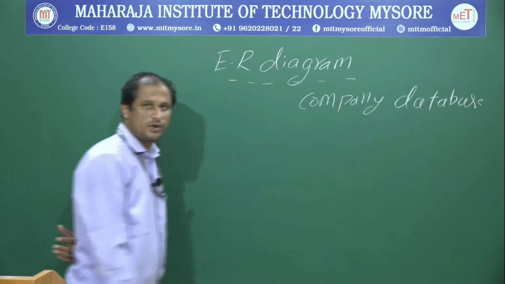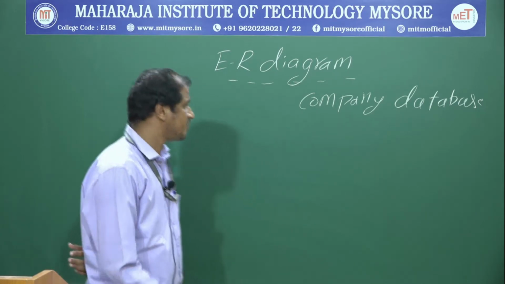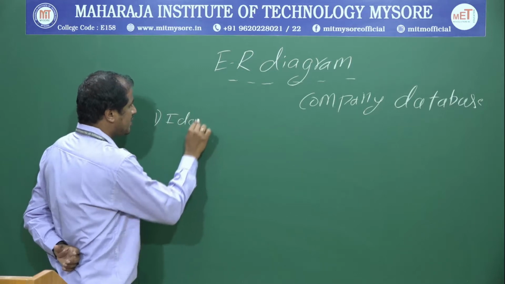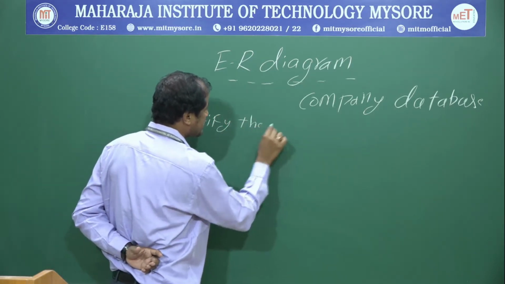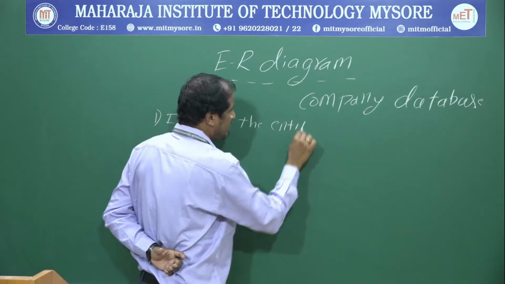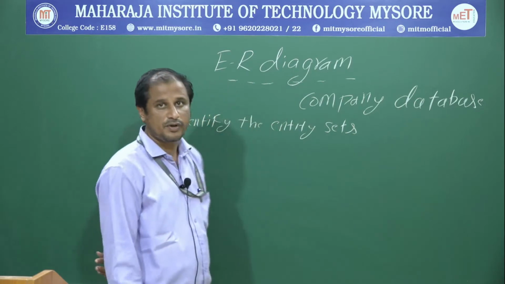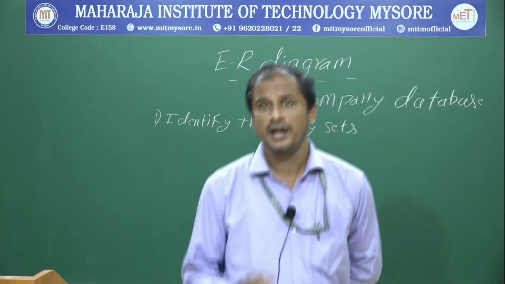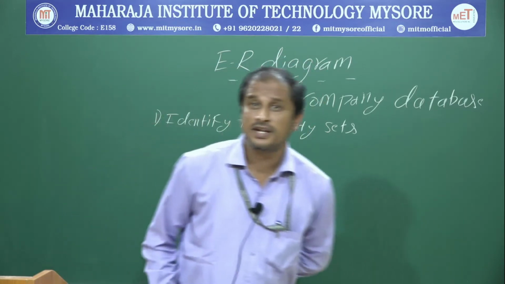The first step you want to do is identify the entity sets. First step you need to identify is to find the entities in a real-time application for a company database.